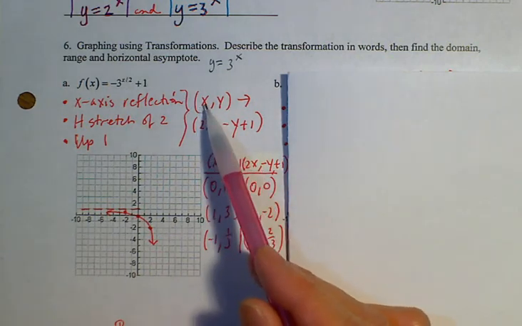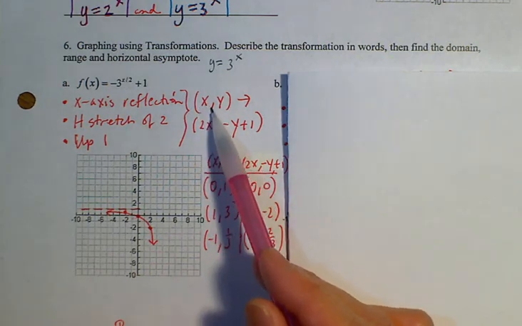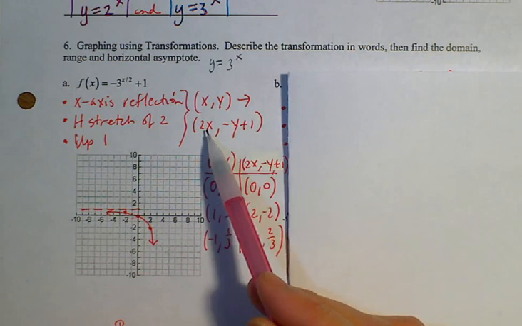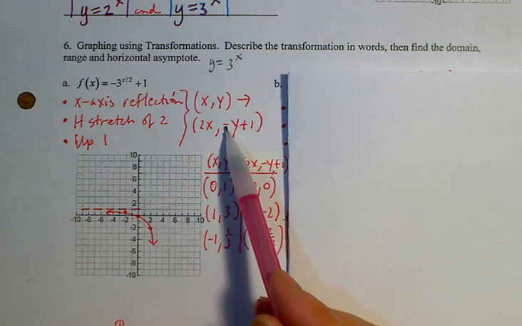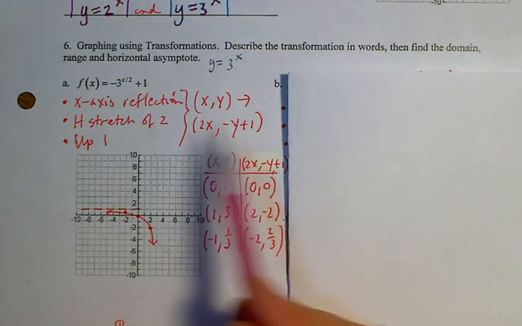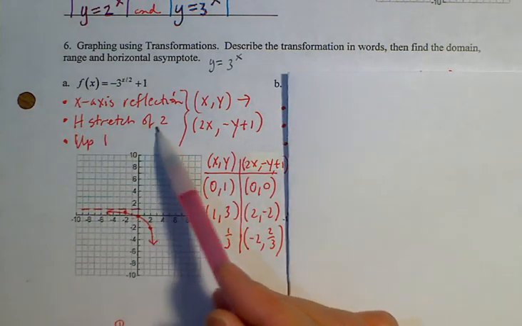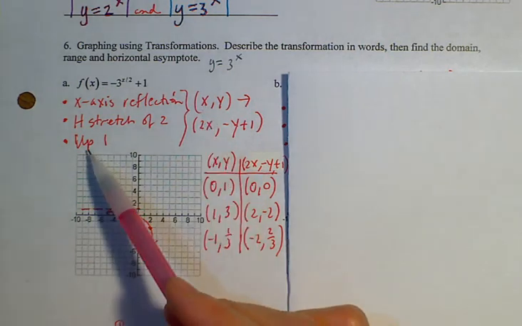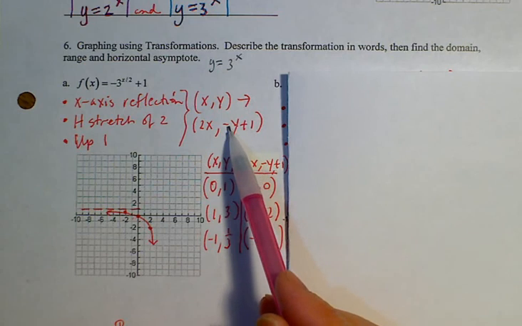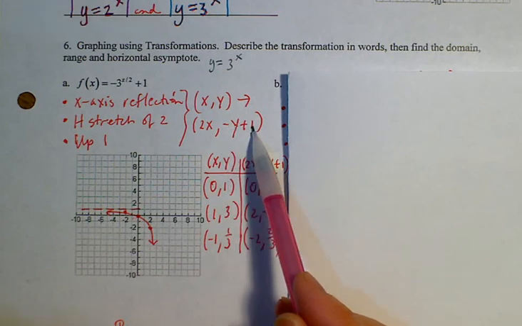If the original parent function has the point (x, y), then the x-axis reflection changes the sign on the y, so it's minus y. The horizontal stretch of 2 makes the x value become 2x, and the up 1 makes it negative y plus 1.